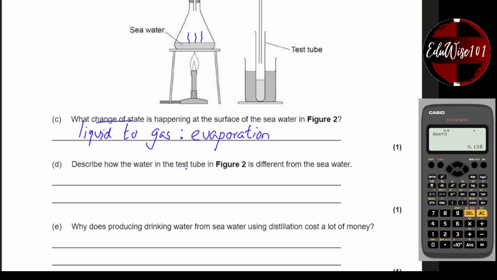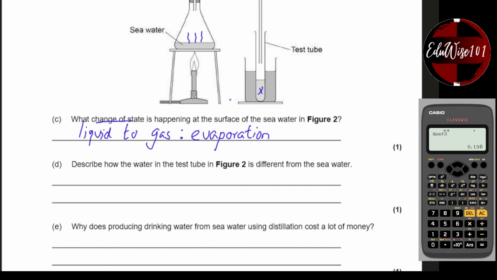Describe how the water in the test tube in figure 2 is different from the seawater. So the water in the test tube over here, how is that different to the seawater? The seawater will obviously have salt, but when you heat it, the water evaporates, and when the steam is going through this tube, it's going to change back into simply water.